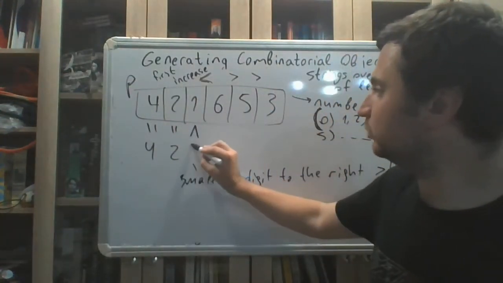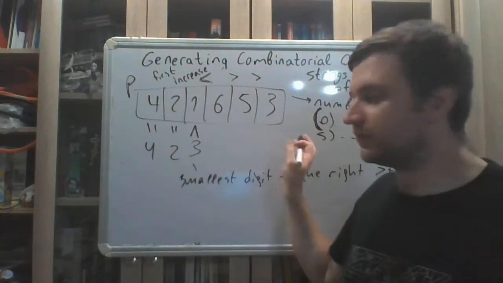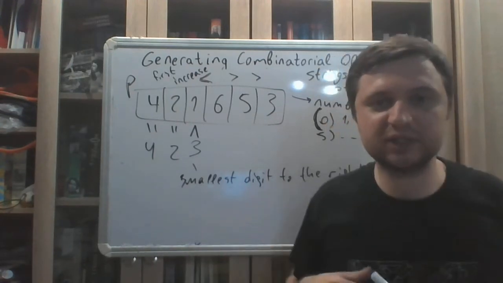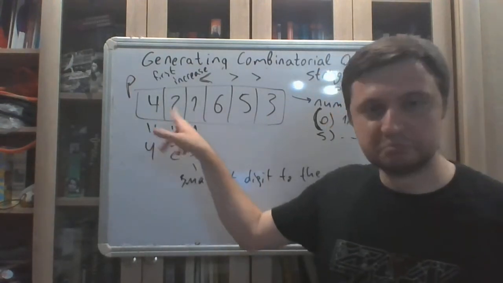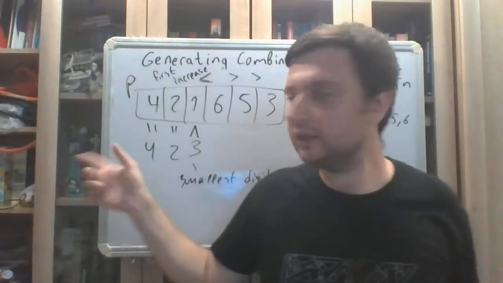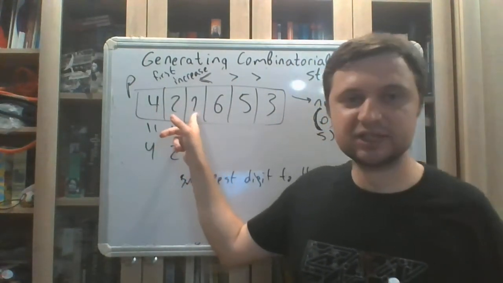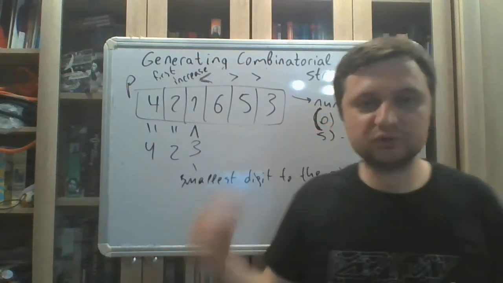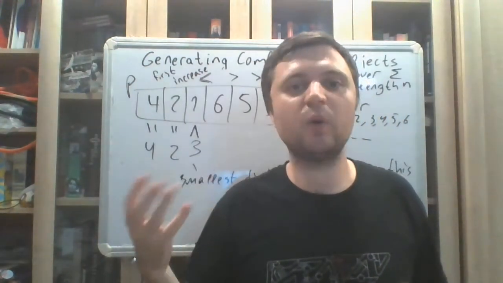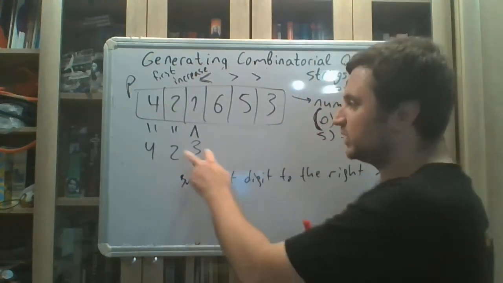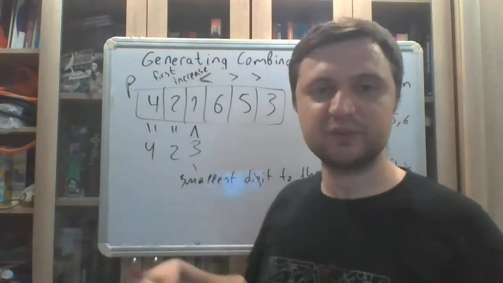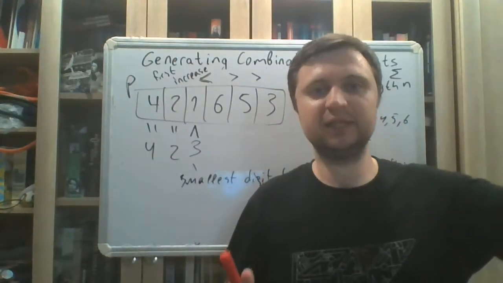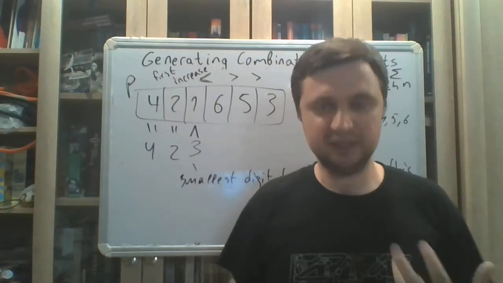And once we put the 3 over here, think about this word. This word that we receive starts with the same letters, and then it has a larger letter than our word P. So this word is already definitely larger than our word P. Once we have written this, we know that the received word is strictly lexicographically larger than P.